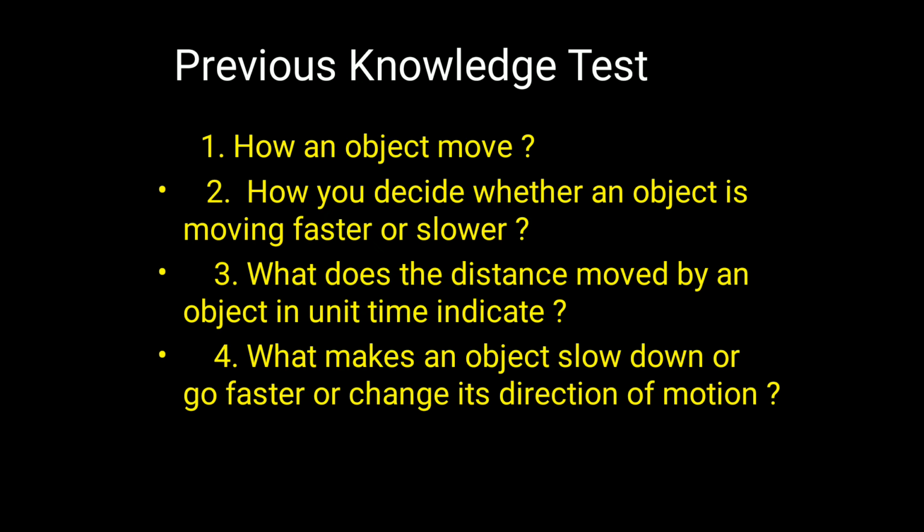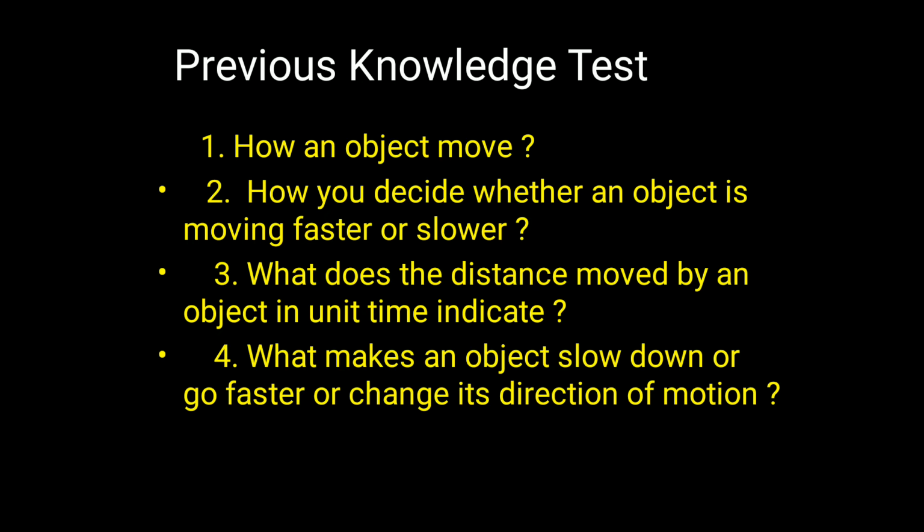Dear children, in class 7 already you have learned how objects move, whether an object is moving faster than the other. What does the distance moved by an object in unit time indicate? You also know that a moving object like a ball rolling on the ground gradually slows down. Sometimes it may change its direction of motion.